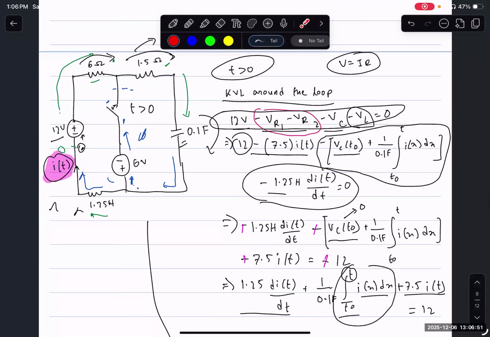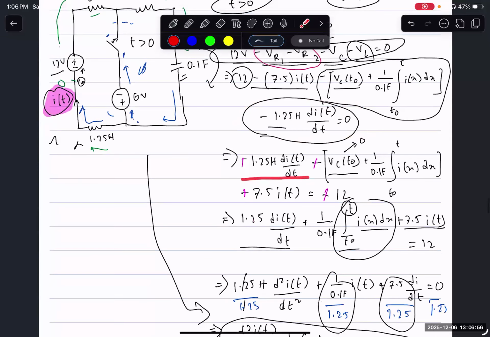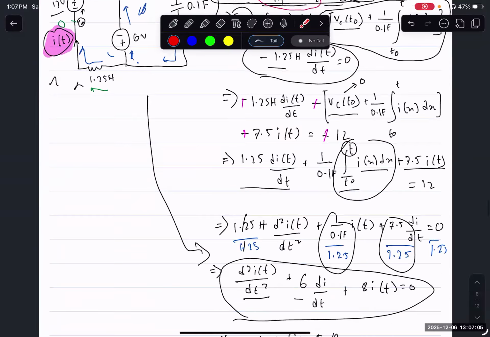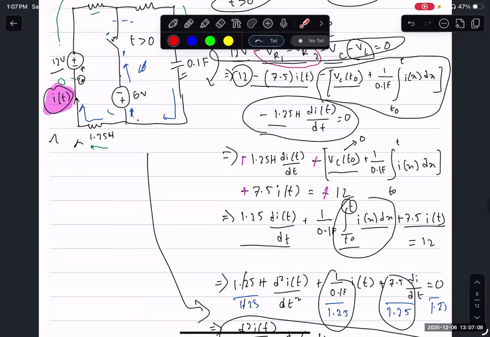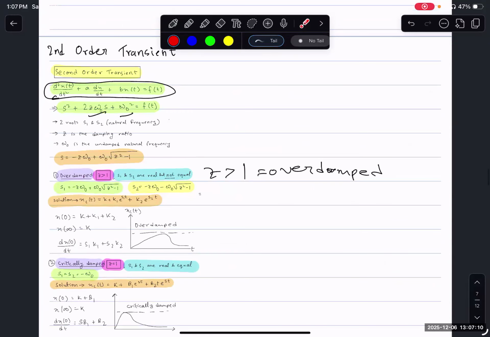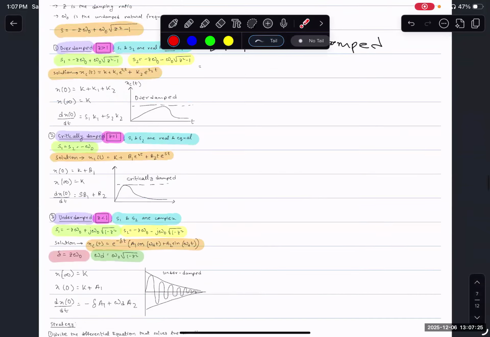Now, just simplifying it down, what we have is this. And the most important part while doing a transient circuit is simplifying it down to the form where it says this. So it has to be some second differential plus first differential, and then another function times a constant, right?